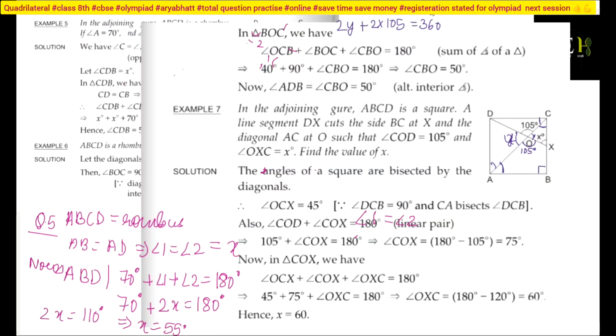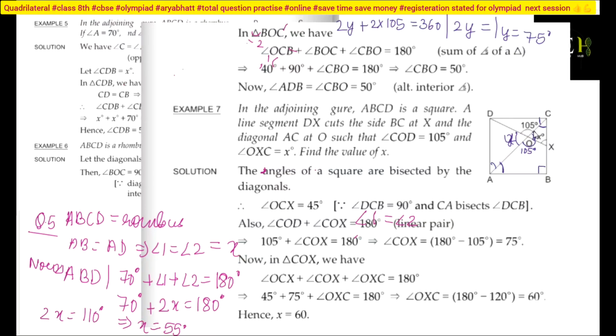So 2y will be 360 minus 210. The y will be 75, right? Y will be 75 degrees.